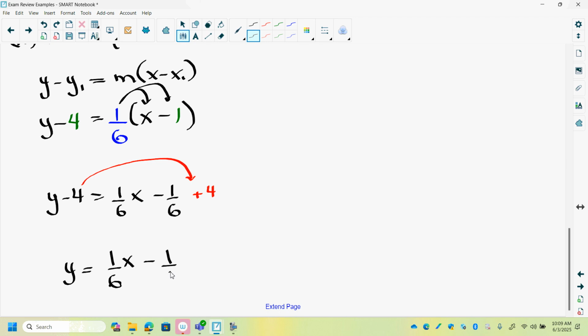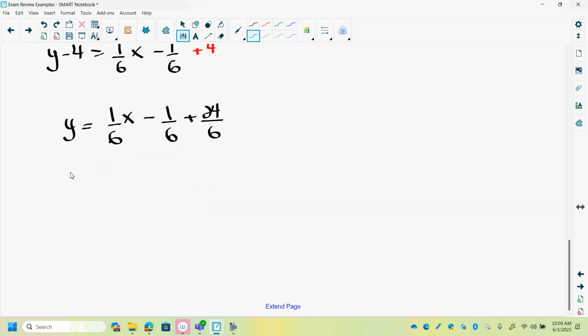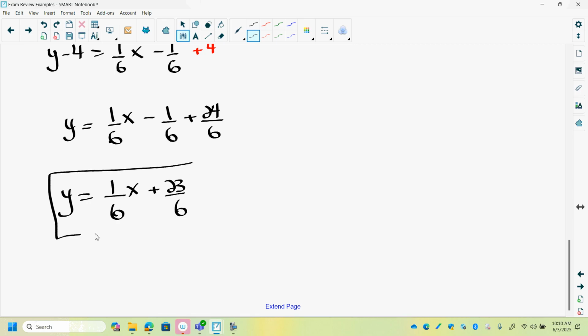And then to add 1/6 and 4 over 1, I'd have to get a common denominator. Do you agree that 4 over 1 could be written as 24 over 6? And I end up with y equal to 1/6 x. What would this become? Plus 23 over 6. That is perfectly fine.